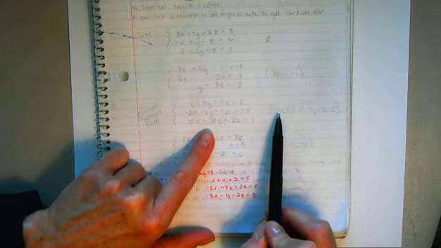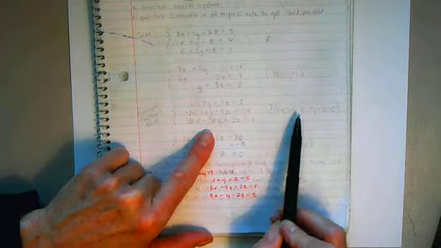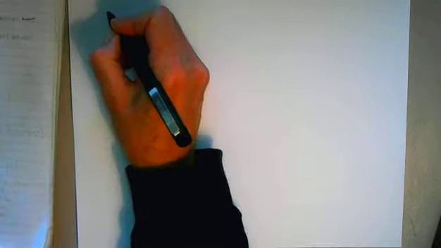Or your variables could cancel and you could have a true statement. And if that's true, you need to write it like I'll show you on my notes. You need to write it like this: x, y, and z. That's kind of light. I'll do it right here.